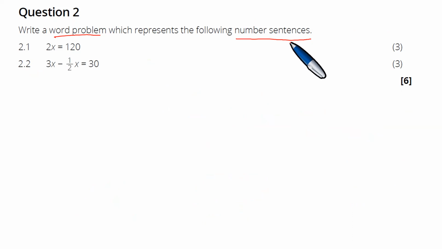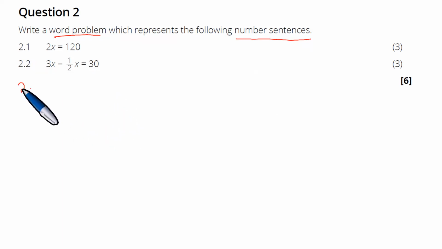Let's look at this one here. Let's convert the problem into a word problem. 2.1. What do you think the answer would be? Do you understand the question? Yeah, I do, but how do I start it? Where do we start?